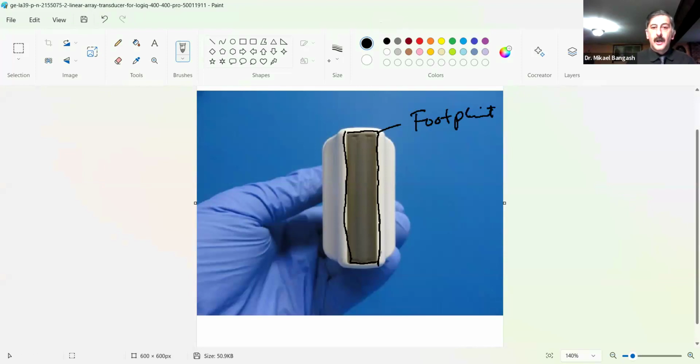Because tomorrow when we start talking about these individual transducers, one thing I will be referring to is the footprint.